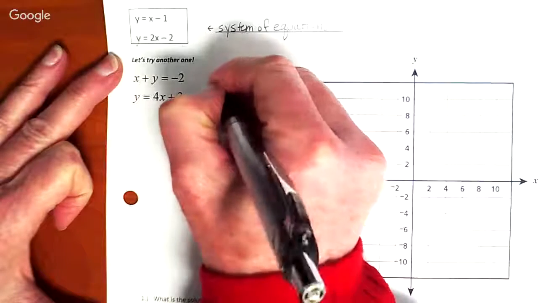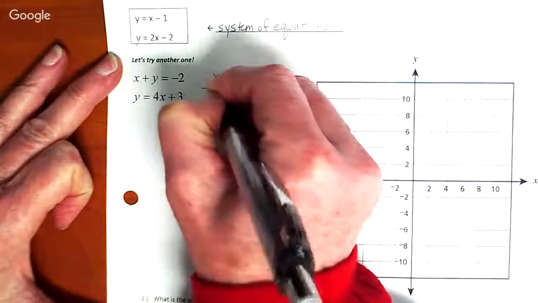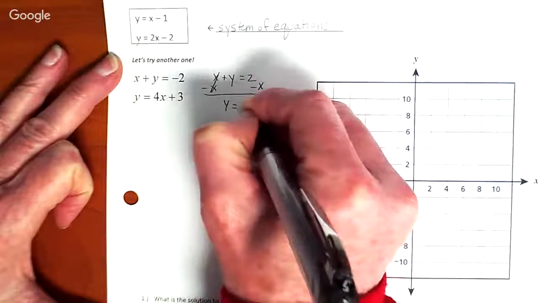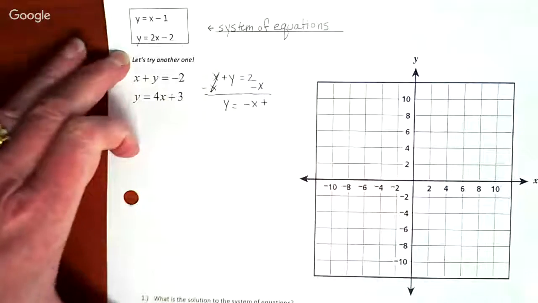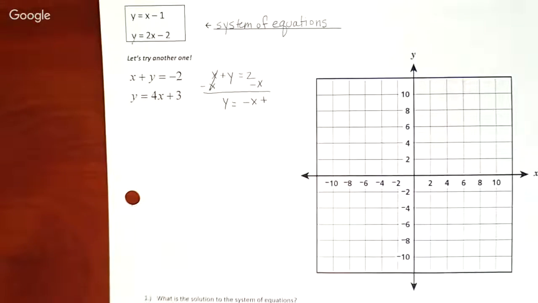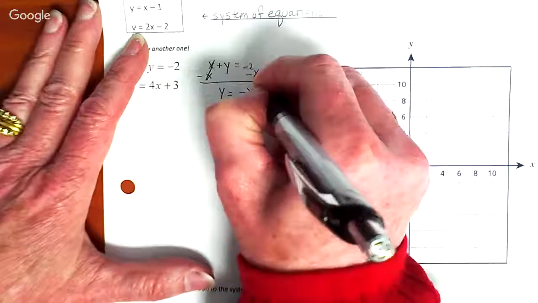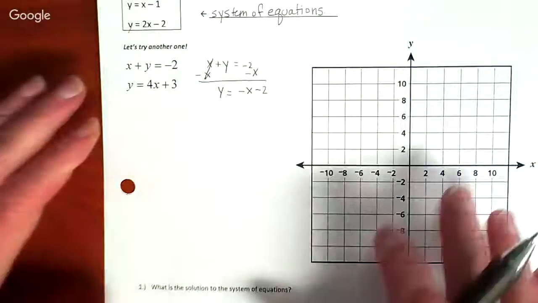So we have x plus y equals negative 2. I'm going to subtract x from both sides. So now I have y equals negative x. Sorry, that's a minus 2. So that should be y equals negative x minus 2.